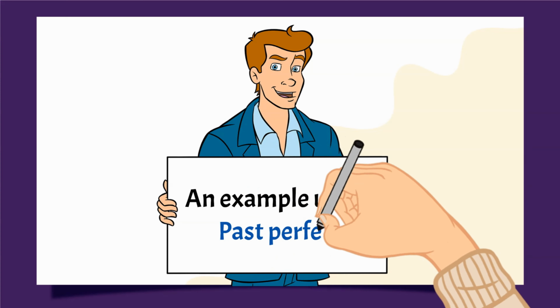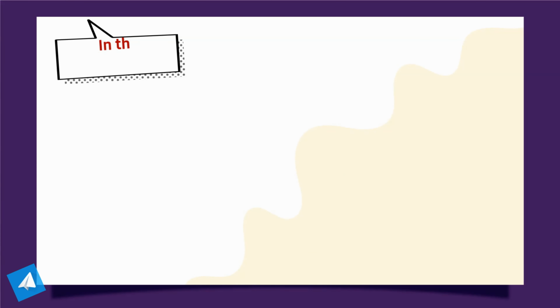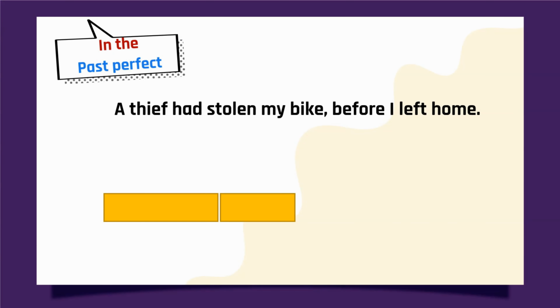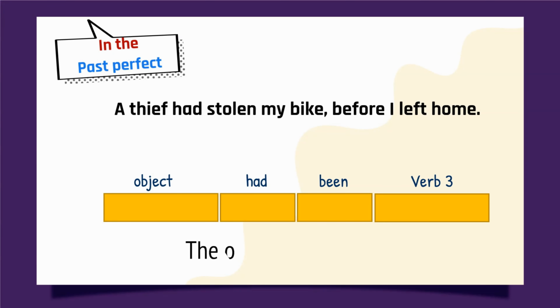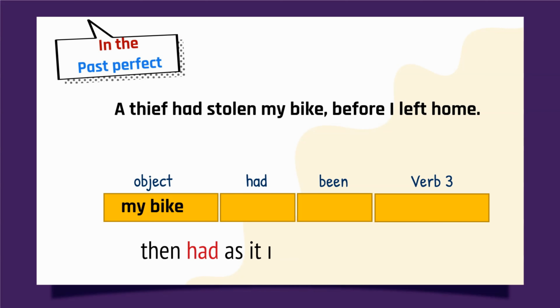An example using past perfect. A thief had stolen my bike before I left home. The object is my bike. Then had, as it is in the sentence.